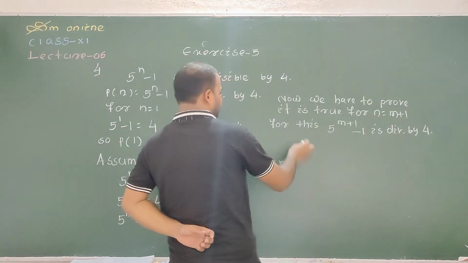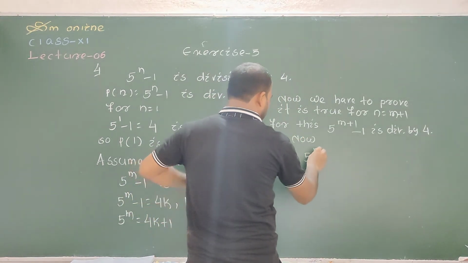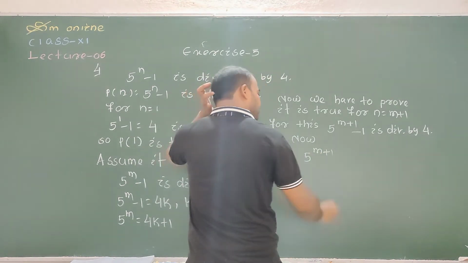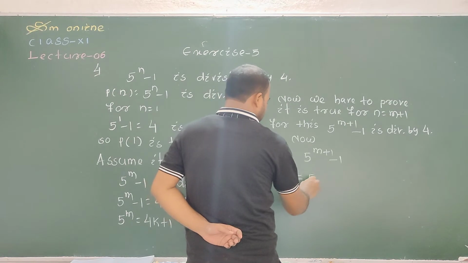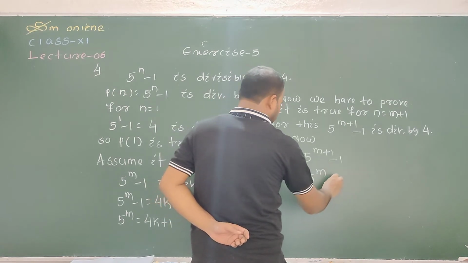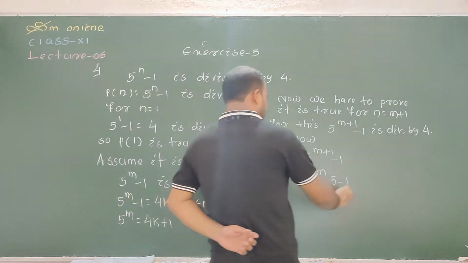Okay, now 5 to the power m plus 1 minus 1, and this is equal to what? This is 5 to the power m into 5 minus 1, and the value of 5 to the power m here is 4k plus 1.